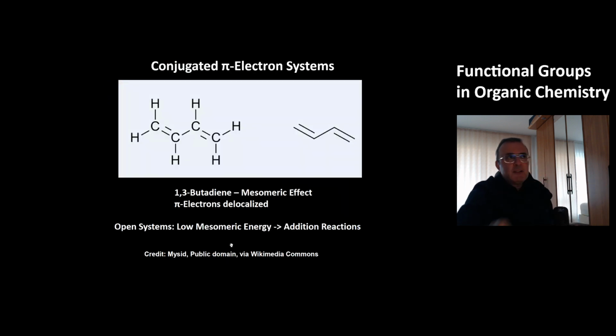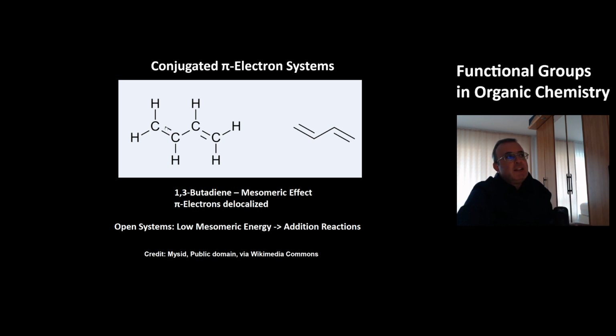And the second principle is conjugated pi electron systems. You have open systems like this molecule, 1,3-butadiene, where the numbers 1 and 3 specify the positions of the double bonds, and you have this phenomenon of the mesomeric effect.